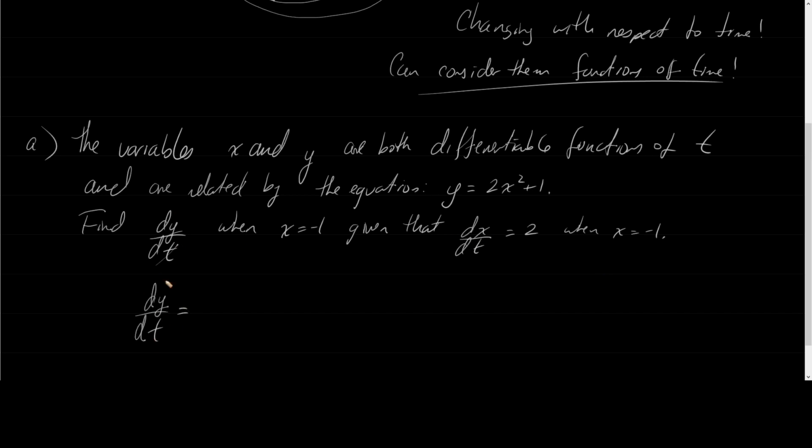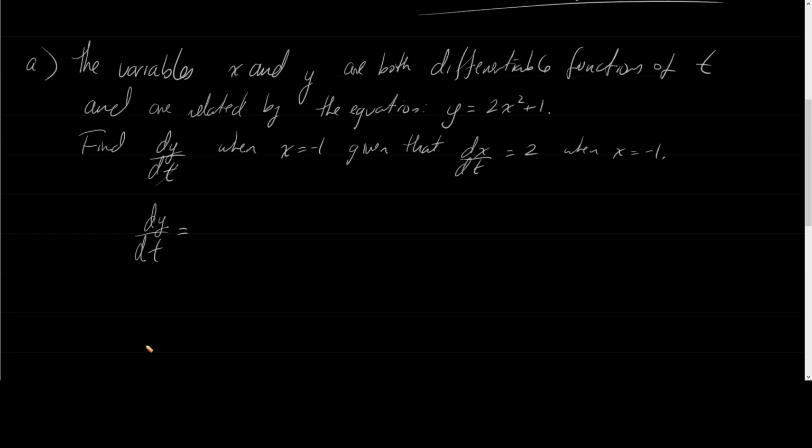If you recall, the chain rule was that dy/dt is dy/dx times dx/dt. These are not technically fractions, but if they were, it would make sense because they would cancel out and you'd end up with dy/dt. It's just notation. So that means we have to figure out what dy/dx is and multiply it by dx/dt.